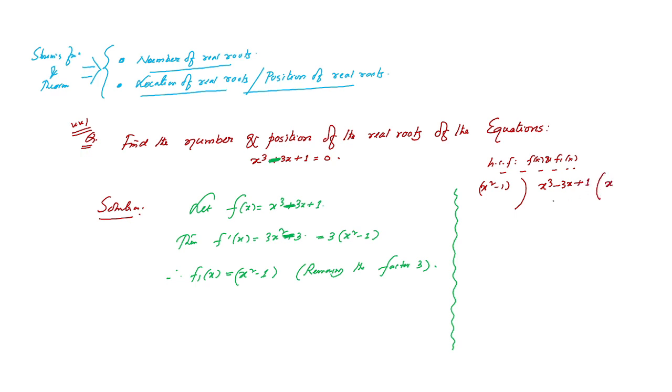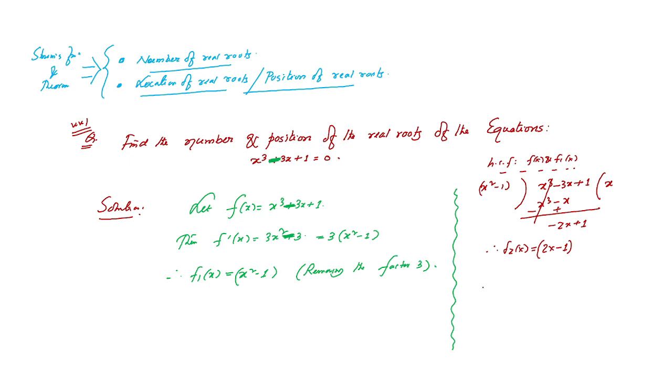We take x, so x cube plus x, subtract, and the remainder is 2x plus 1. Our f2(x) will be the modified remainder.